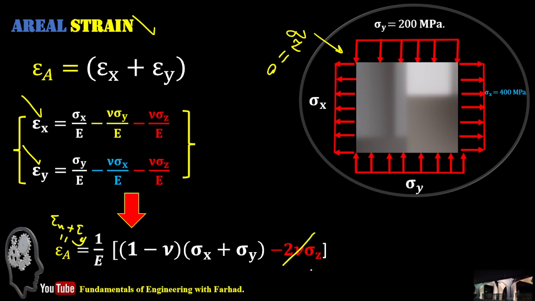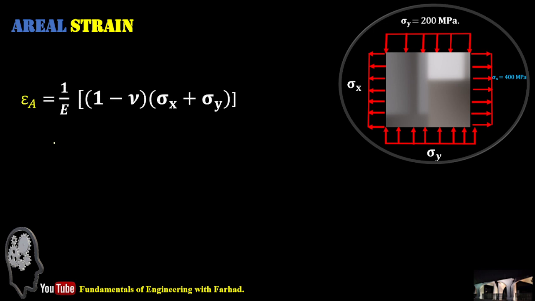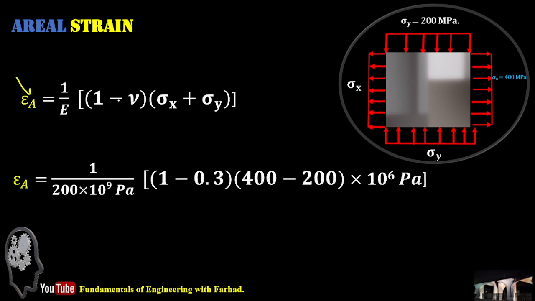Because our sigma z is 0, we don't have this term, so it goes to 0, and we are left with this part of our equation. So areal strain is 1 over E times 1 minus nu times sigma x plus sigma y. If you replace the numeric values, E is 200 gigapascal, where giga is 10 to the 9, and this is our 1 minus nu.